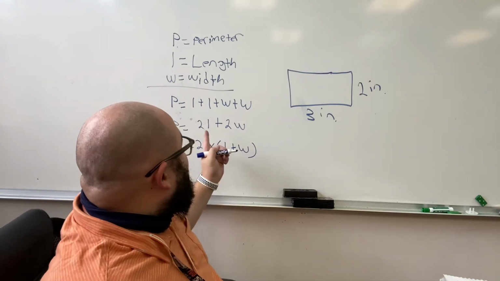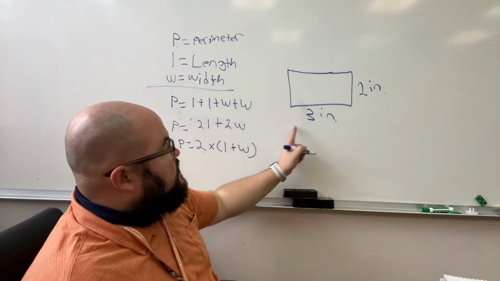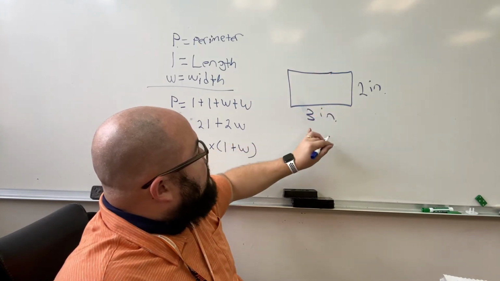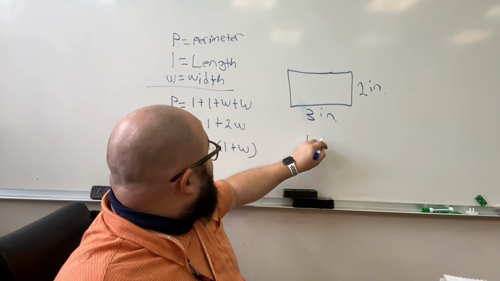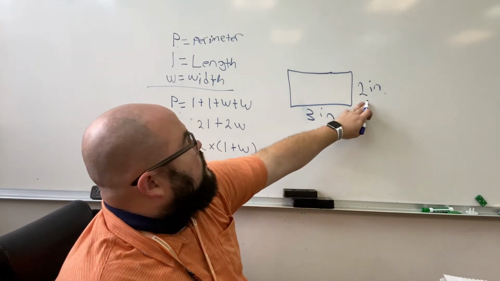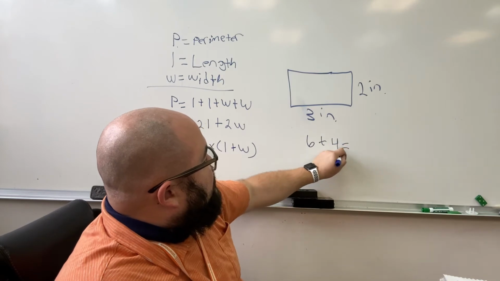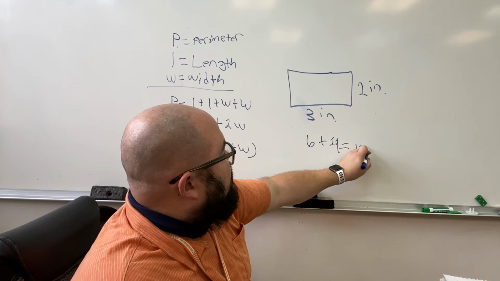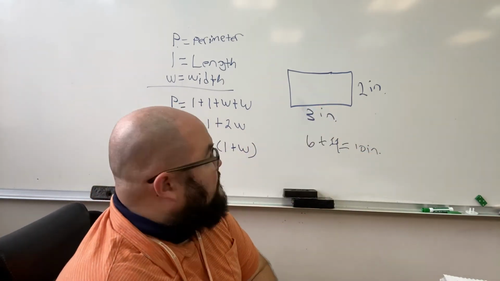I like doing the middle one, 2 lengths plus 2 widths. Okay, so the length is 3. So if this is 3, then this has got to be 3. So 3 plus 3 is 6. And then we have the plus 2 plus 2 is 4. And then we go 6, 7, 8, 9, 10 inches. So the perimeter of this is 10 inches.